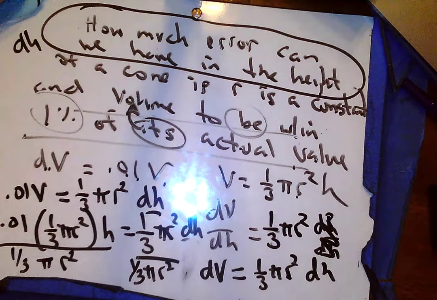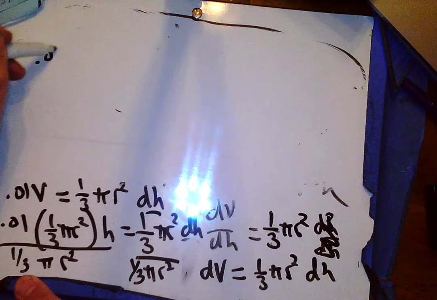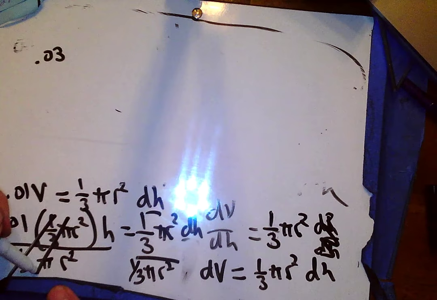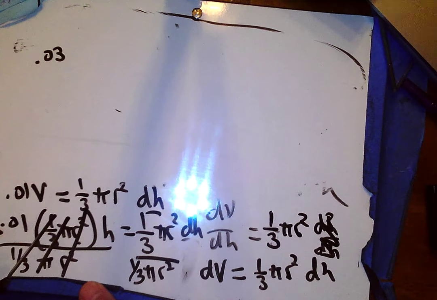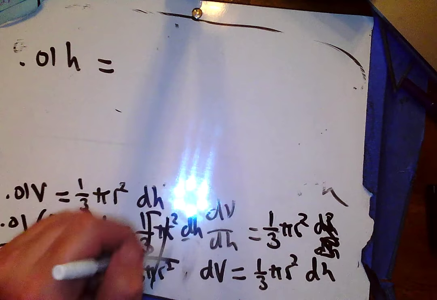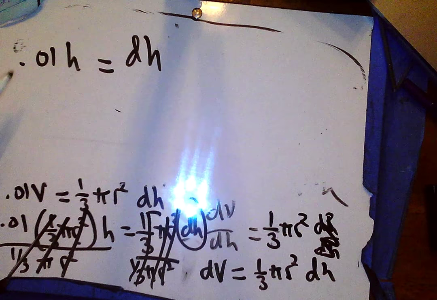Oh wait, these cancel. And so does that, and so does that. And so what am I left with? I'm left with 0.01 h equals dh. Well, look at that.